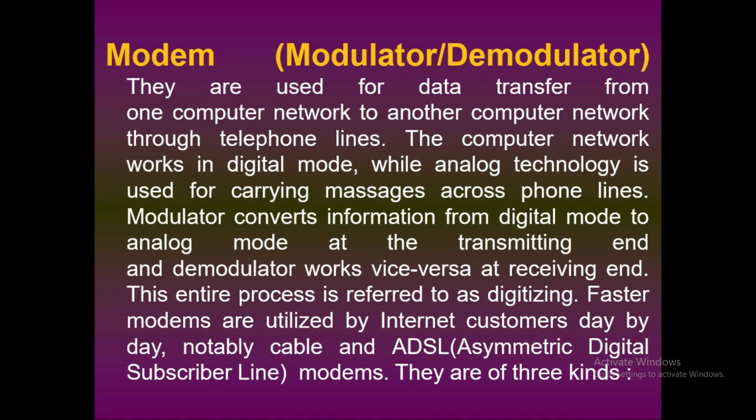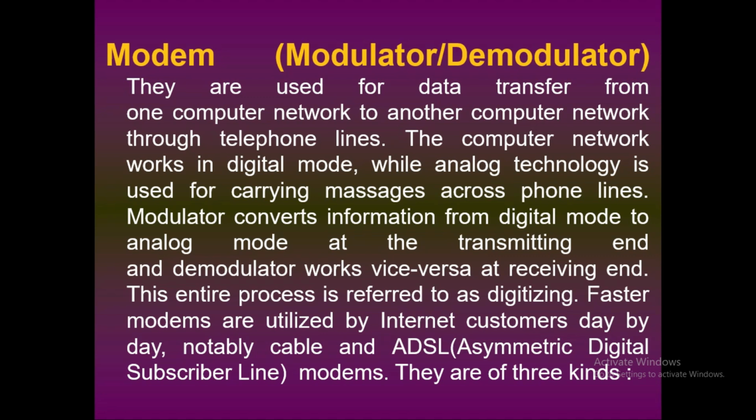So what did we understand? Its work is to convert information from digital mode to analog mode at the transmitting end, and the demodulator works vice versa at the receiving end, that is, analog mode to digital mode. This entire process is referred to as digitizing, because ultimately the data is converted into digital format.